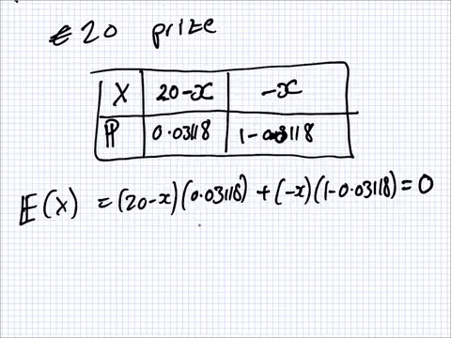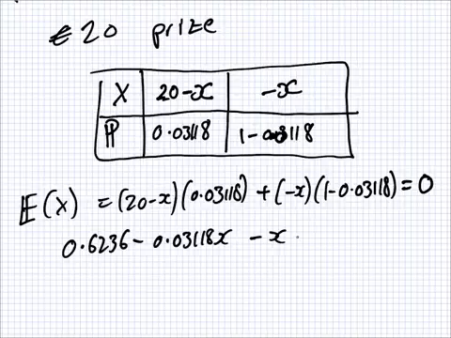So let's calculate that. That would be 0.6236 minus 0.03118x minus x. Actually, I should put them together first.